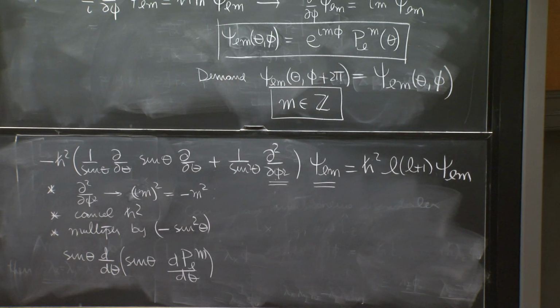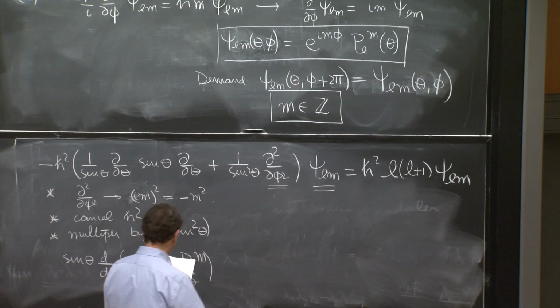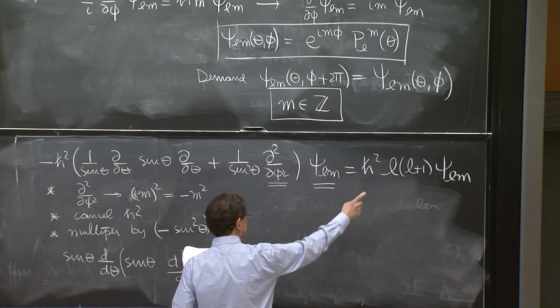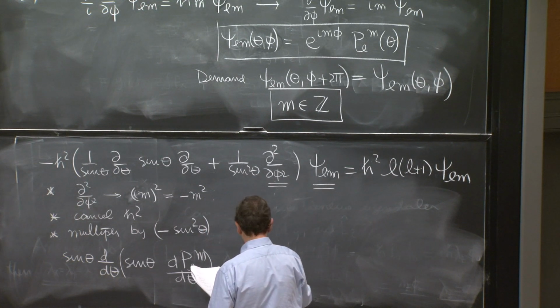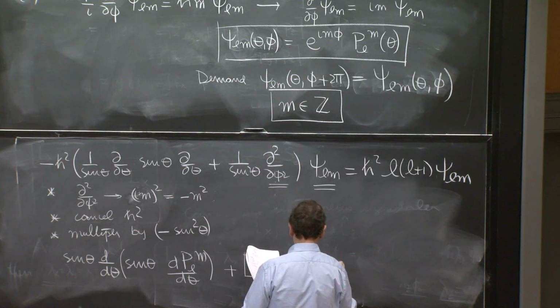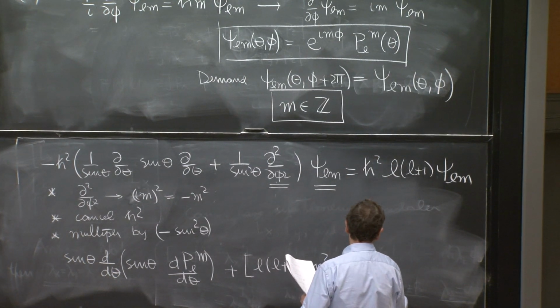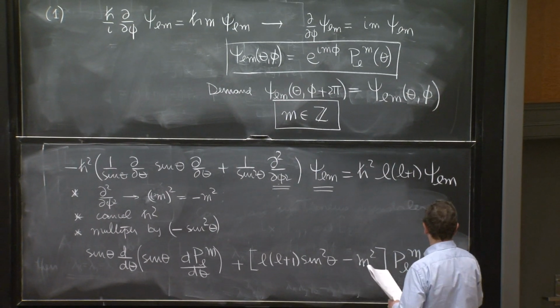Then I have in here 2 more terms. I'll bring the right-hand side to the left. It will end up with L times L plus 1 sine squared theta minus m squared P Lm equals 0.